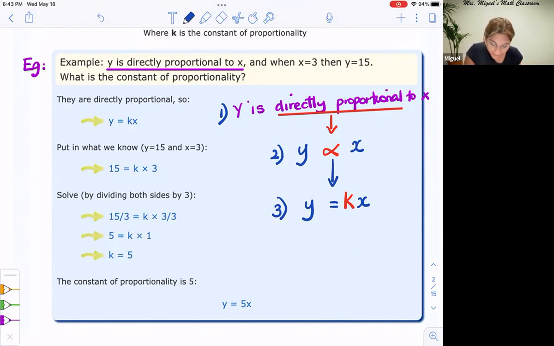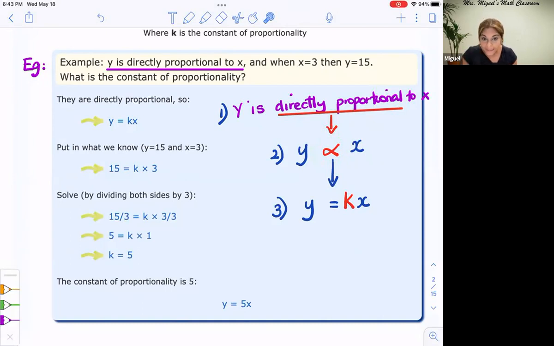So the first line tells you what to write. Y is directly proportional to X. So this is the symbol. But as I said, directly proportional has a specific symbol. In mathematics, as long as it is not an equation, and an equation always has an equal sign, I can't do anything with that.